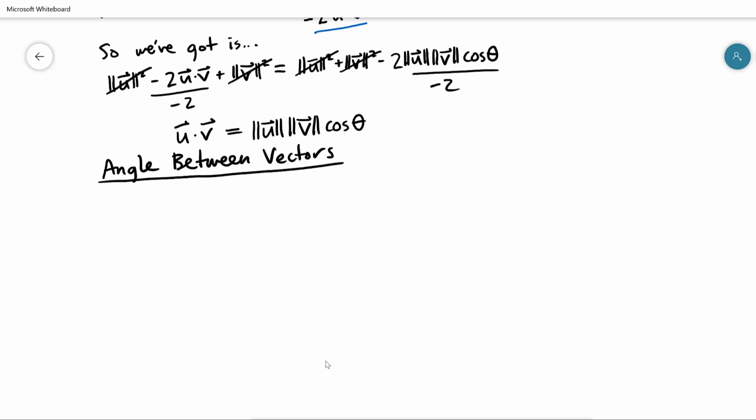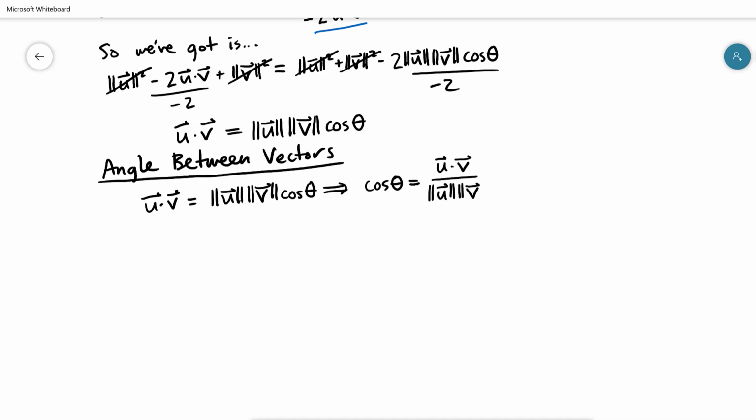So if I know that u dotted with v is equal to the magnitude of u, magnitude of v, cosine of theta, then I can solve that for theta. I'll divide both sides by those magnitudes, and I'll wind up with cosine of theta is equal to u dot v on top, divided by the magnitude of u times the magnitude of v.